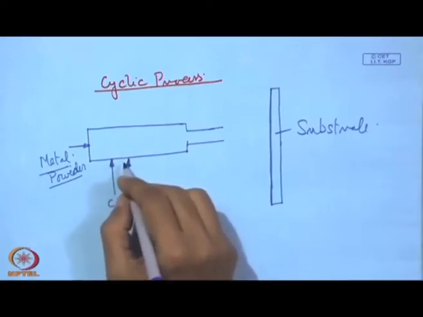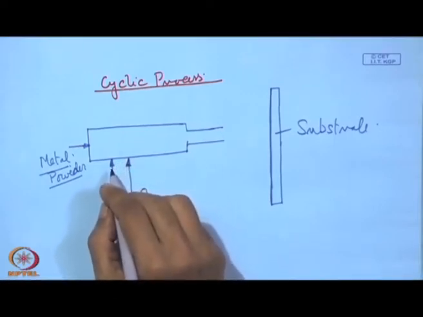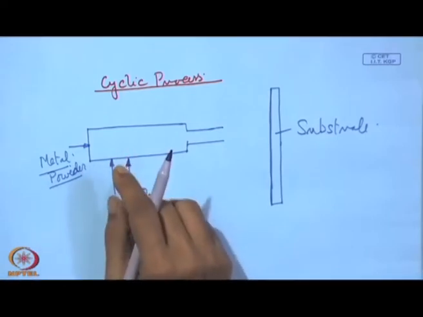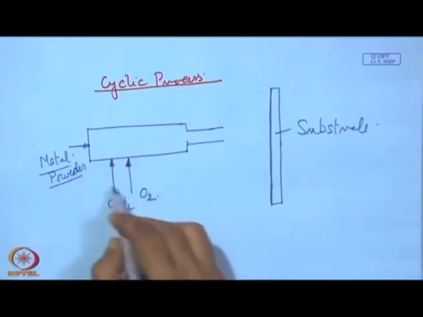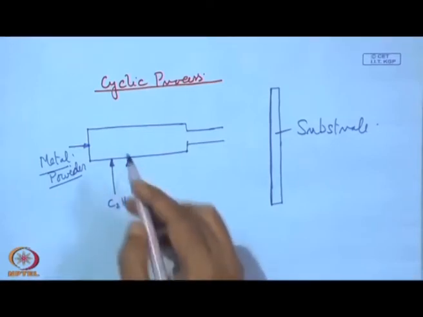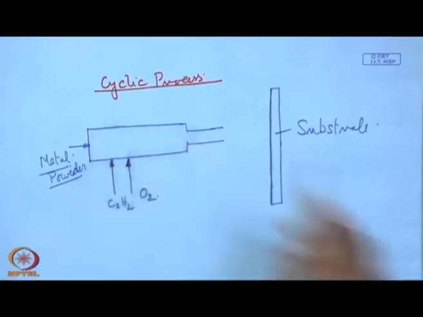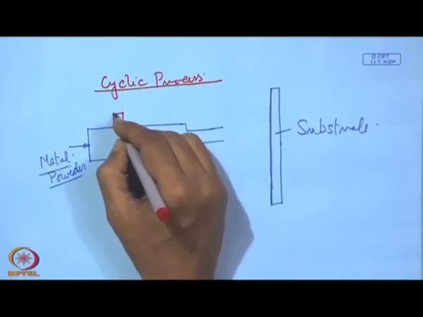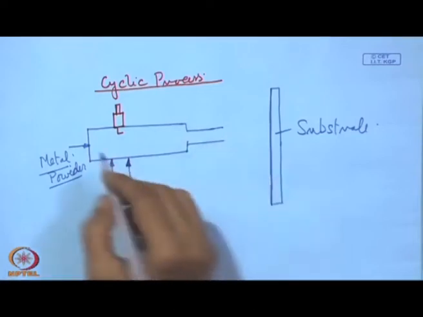There will be valves which will be operated in a particular sequence following one particular cycle, and the process will obviously be automated. We can show it schematically. There is just one spark plug to create a spark. So, what happens?